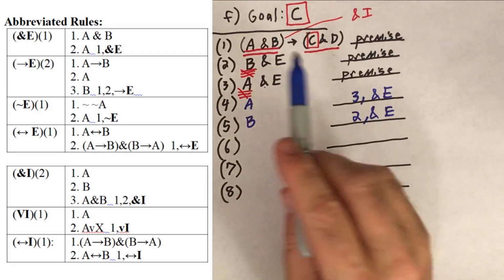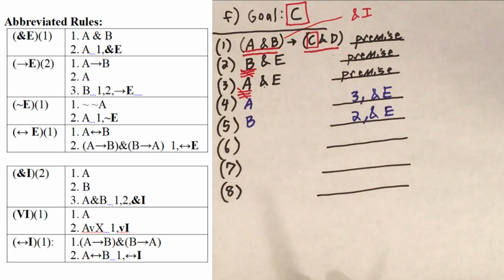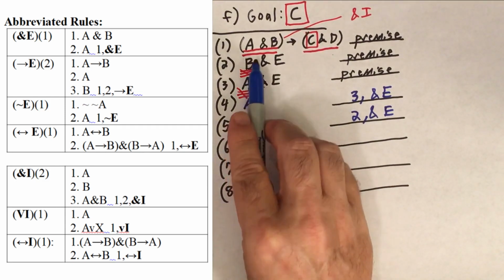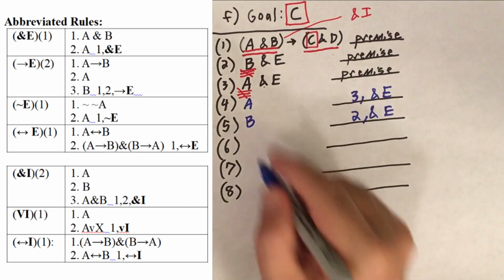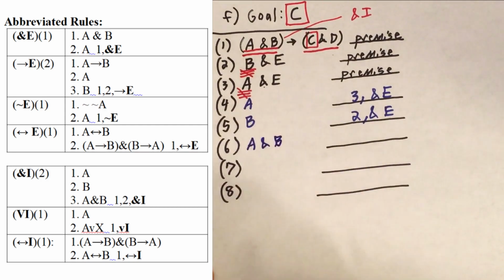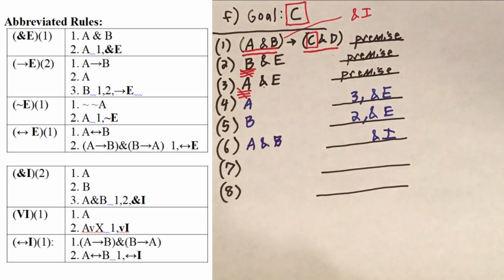So what am I after now? Now notice, I'm staying focused. I want the sentence A and B. Can I get it? Yes. If A is true and B is true, I can create a new and. So I will simply create my new and out of lines 4 and 5. What did I do? I used my and introduction rule.